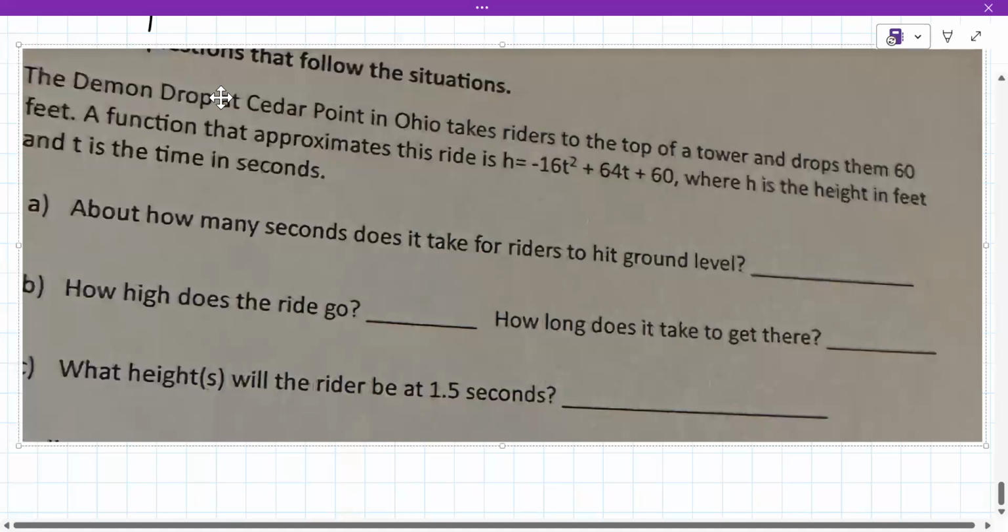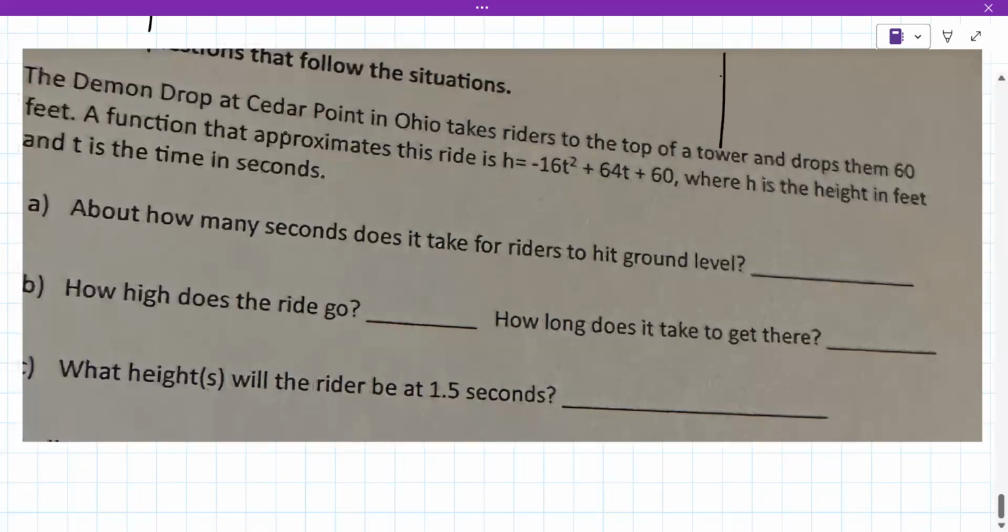So we'll take a look here. The Demon Drop at Cedar Point in Ohio takes riders to the top of a tower and then drops them 60 feet. A function that approximates this ride is h equals minus 16t squared plus 64t plus 60, where h is the height in feet and t is the time in seconds.